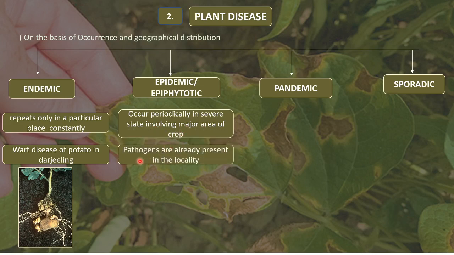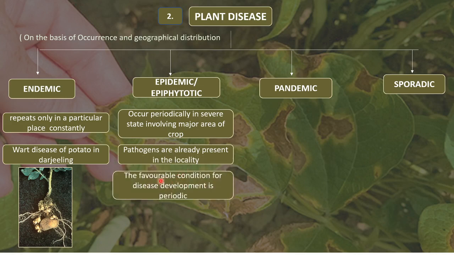What happens in epidemic or epiphytotic plant disease is that pathogens are already present in the locality. Wherever crop is present, the pathogen is already there, but the pathogen is not infecting the plant unless and until it gets a favorable condition.